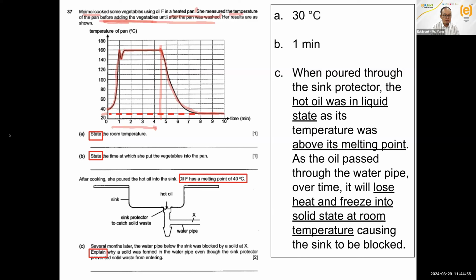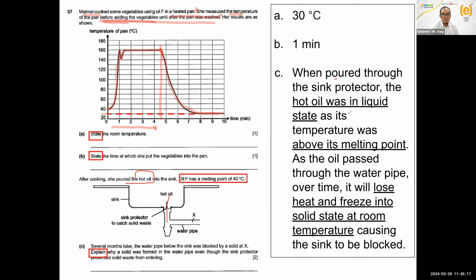Okay, so this is basically what the question tries to ask. So how to answer this question? Let me share with you the answer. So when poured through the sink protector, the hot oil was in a liquid state, right? Why? You can see the hot oil above 40 degrees Celsius is liquid state. So you can see she poured the hot oil. When the oil is hot, it is liquid. So liquid can pass through, right?